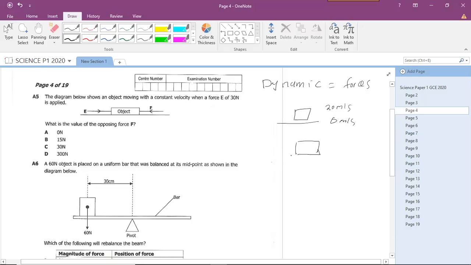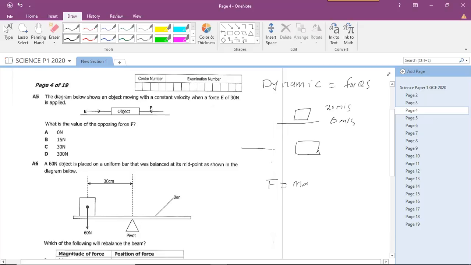An unbalanced force acting on an object will produce an acceleration. That acceleration will be directly proportional to the force, but it will be inversely proportional to the mass of the object. So Newton's second law is summarized in the equation which says force is equivalent to mass times acceleration.